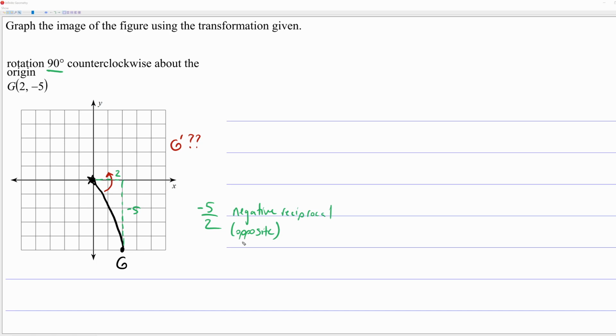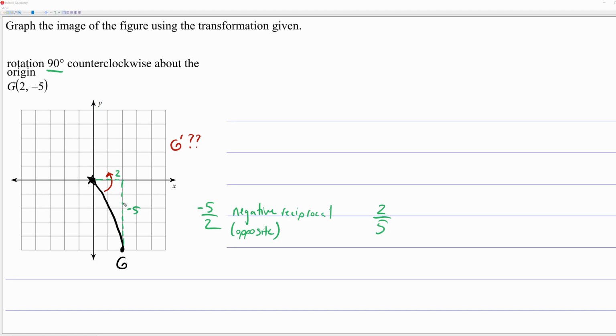So if we want to draw a slope that is perpendicular to this black line, the slope that we would have to draw would have to be, well, you flip the fraction upside down, that's reciprocal, so it would be 2 over 5. But negative or opposite means you change the sign. So instead of having a negative slope, we're going to keep this positive slope of 2/5.